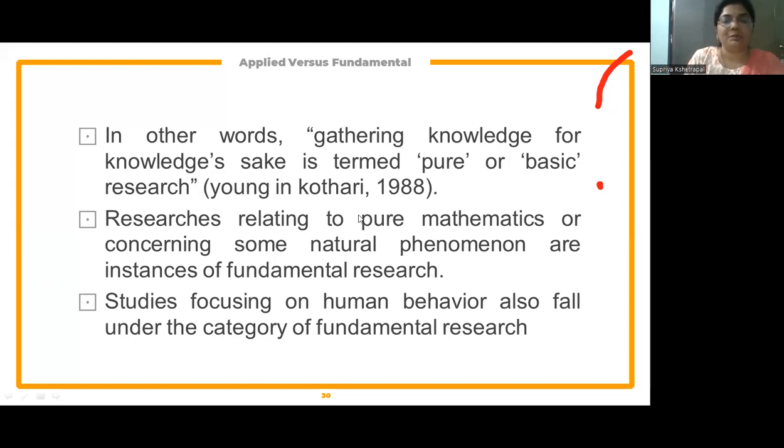Okay, so pure mathematics or certain phenomena, these are the examples of fundamental research. So studies focusing on human behavior also fall under the category of fundamental research, which we cannot change. Okay, so that comes under fundamental research, right? Clear?